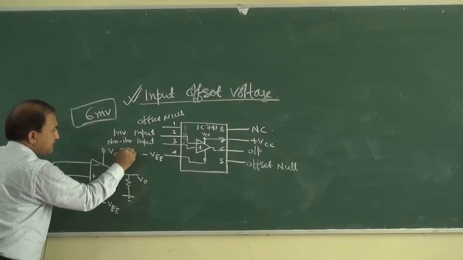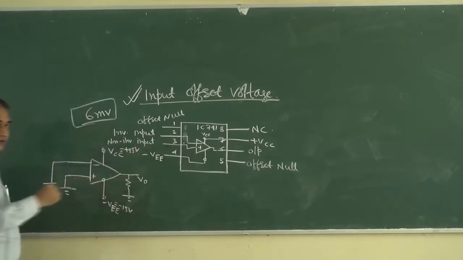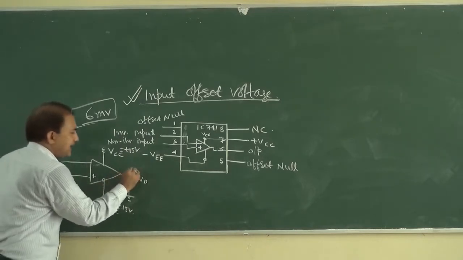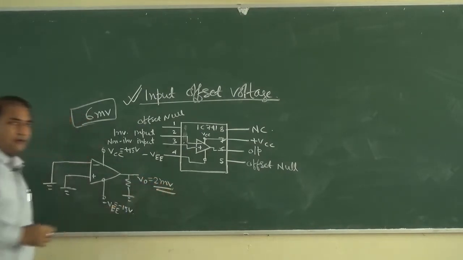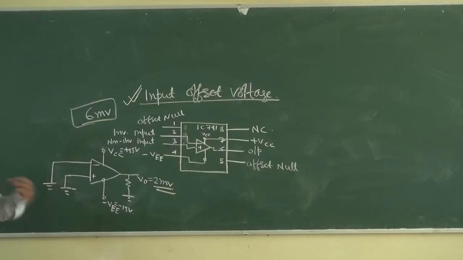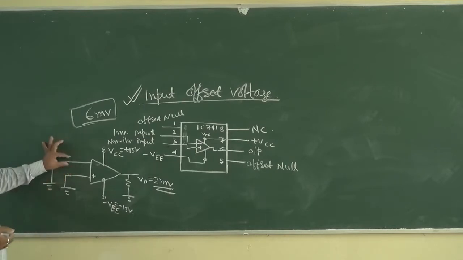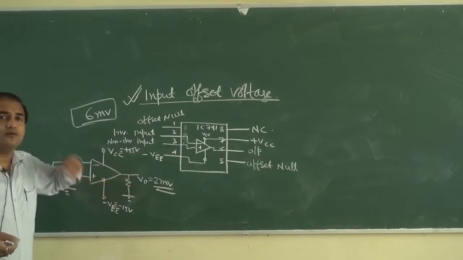So this is plus 15 volt and this is minus 15 volt. Now under this case, if V output is coming as, say, 2 millivolt, then we have to connect 2 millivolt, that is the input offset voltage, in the input side so that the output V output is equal to 0.